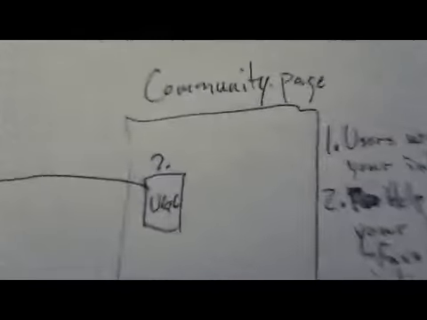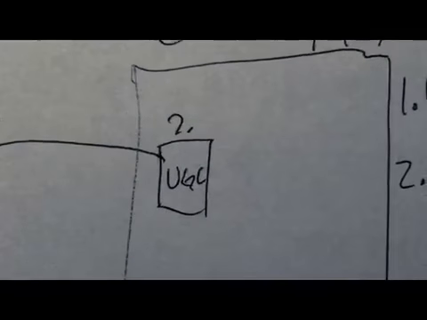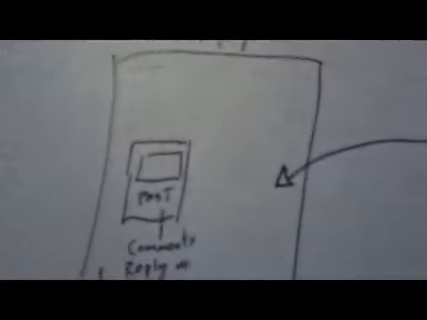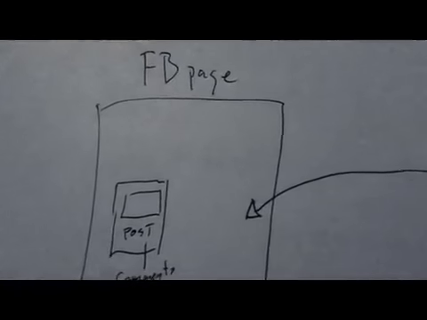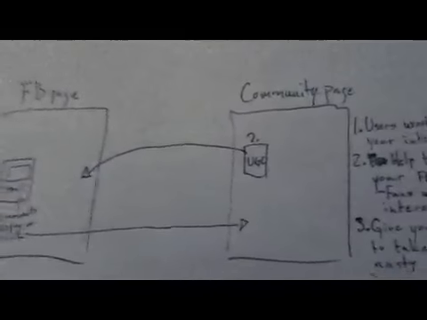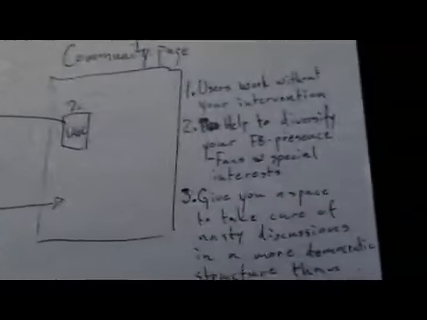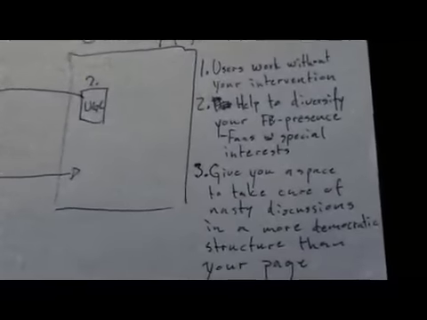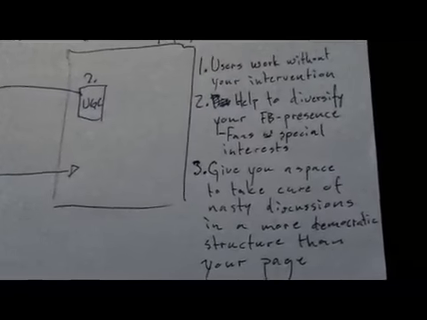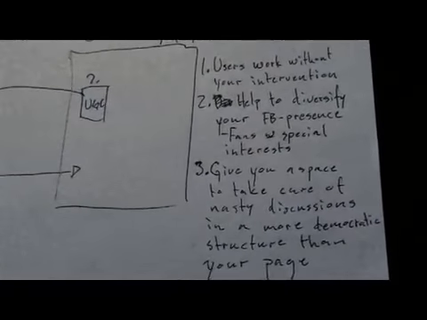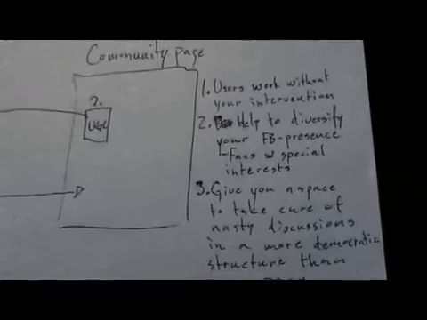If they start it, I would then use the user-generated content that is good and representative of my brand to celebrate them or give them some kudos on my Facebook page. That's how I would use it in day-to-day tactics. But then there are also those secondary benefits that I talked about. So that's basically how I would combine the usage of Facebook pages and community pages.